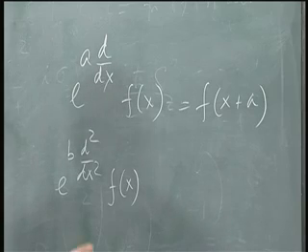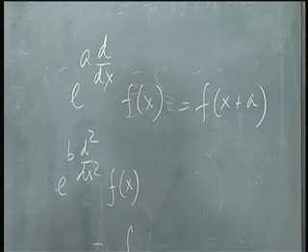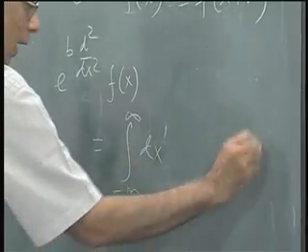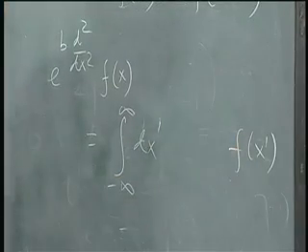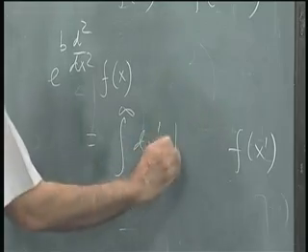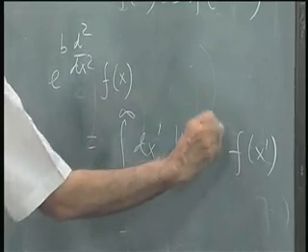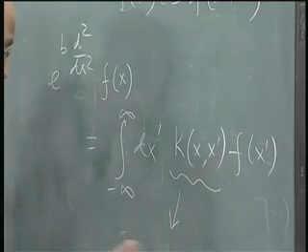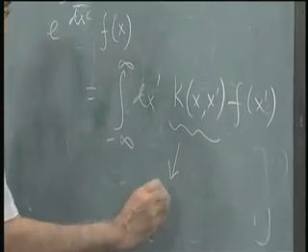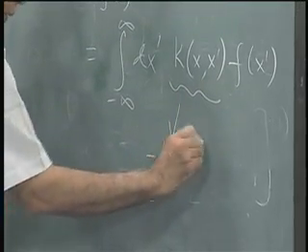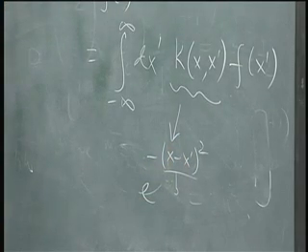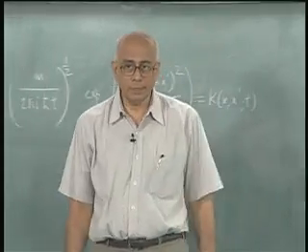In this case, it can only be written as an integral from minus infinity to infinity dx prime acting on f of x prime, but what acts on it is a kernel K of x comma x prime, and this kernel is of the form e to the minus (x minus x prime) whole squared over something which involves b and so on. So it is a non-local quantity.